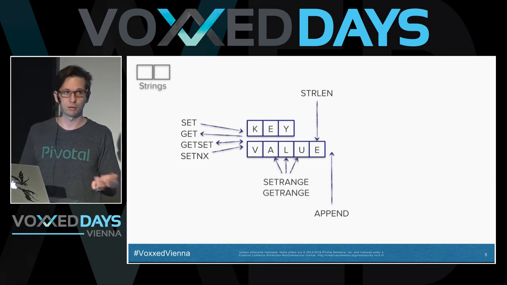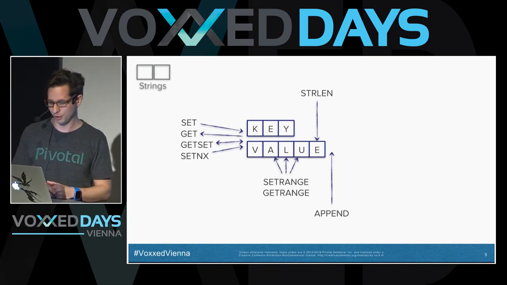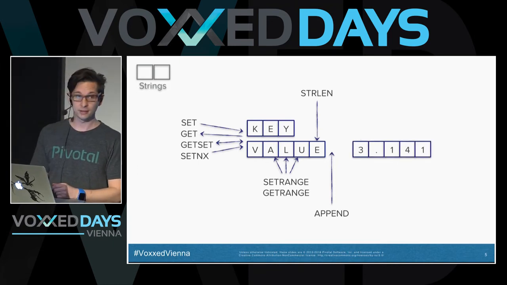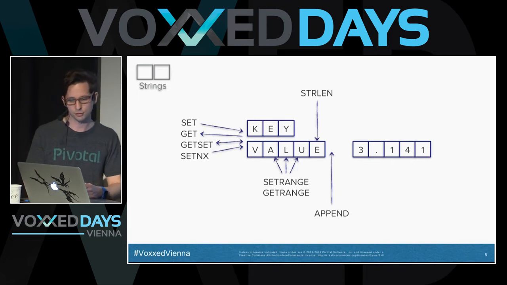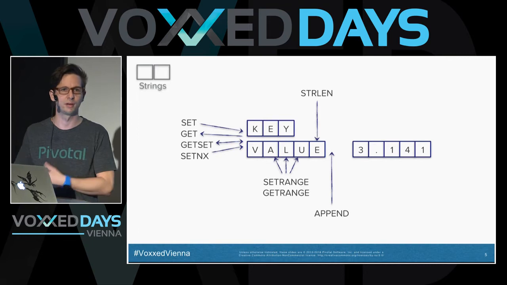We can somehow get a range out of it, or set a range, which would be some substring operations, basically, if you are thinking in Java. And there is a special case in Redis. Though the data structure is called strings, there is a special meaning to strings that happen to be numbers.